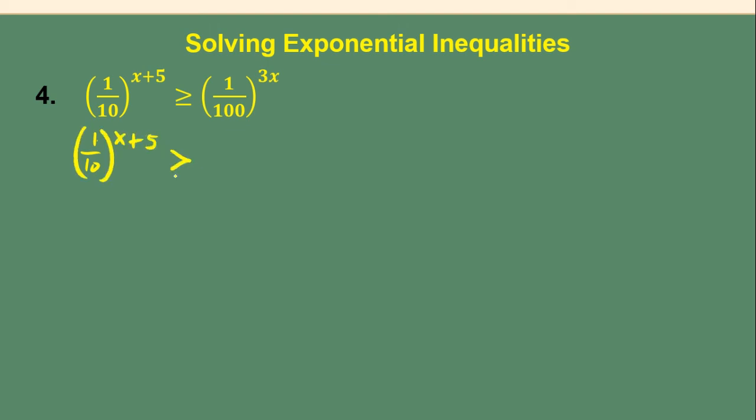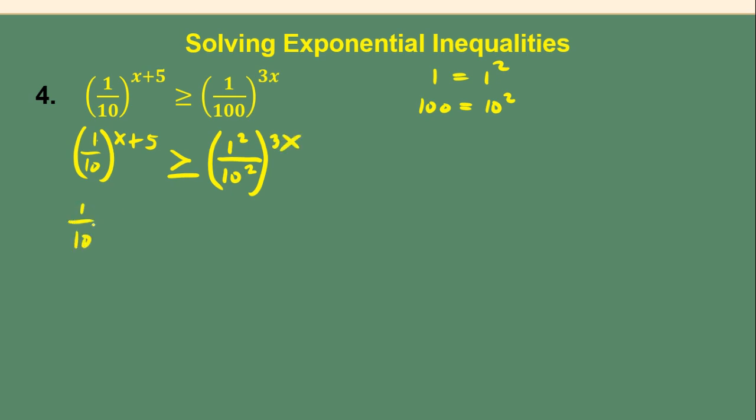Is greater than or equal to. We know that 1 is the same as 1 squared, and 100 is the same as 10 squared. So that is 1 squared over 10 squared, raised to 3x.